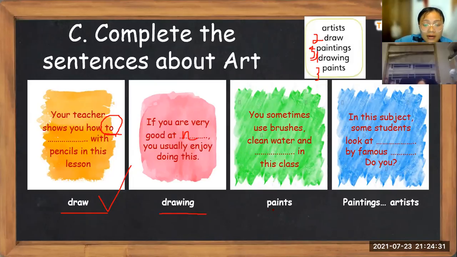Vậy thì để làm được dạng chọn từ này, một phần là chúng ta phải hiểu nghĩa của nó, một phần nữa phải nhìn xem cấu trúc trong câu người ta đang sử dụng, và từ cần thiết trong chỗ chấm là gì. Ví dụ ở đây thiếu một động từ, đây thiếu một danh từ, đúng không? Ở đây cũng thiếu một động từ, tại vì sao? Đây là một loạt các động từ trước nó: clean water, brush, and liên từ nối là paint, đúng không?